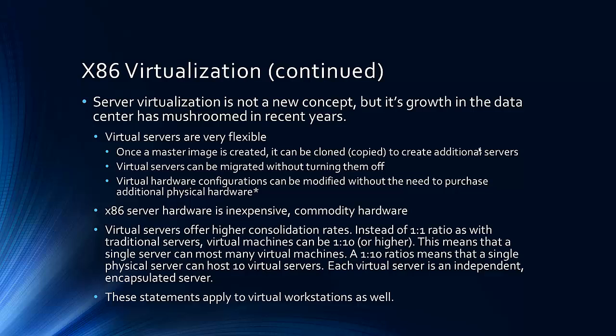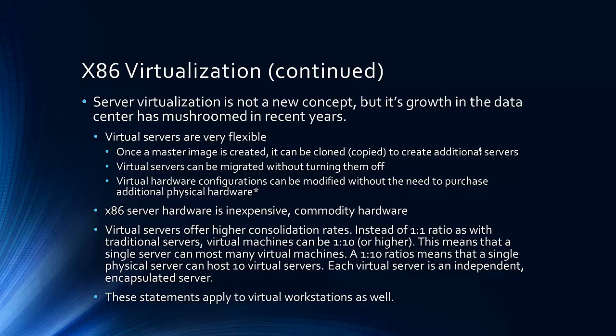So x86 virtualization draws its name from the family of processors that it uses. x86 is an Intel family of processors that has been around for a long time, and it's proven technology, and it's also very inexpensive. It's led to the development of something called commodity hardware.